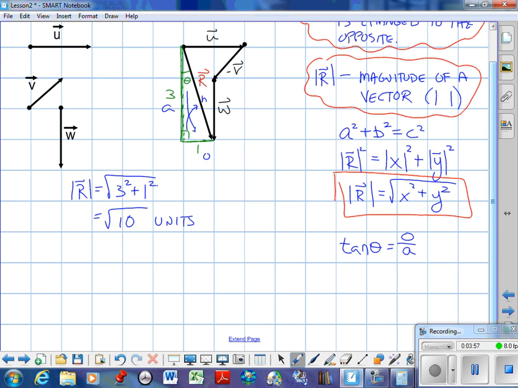All right, so that means that the angle of our vector is always going to be the tan inverse of O over A. I'm just going to leave it as O over A at this point in time, to avoid any confusion.